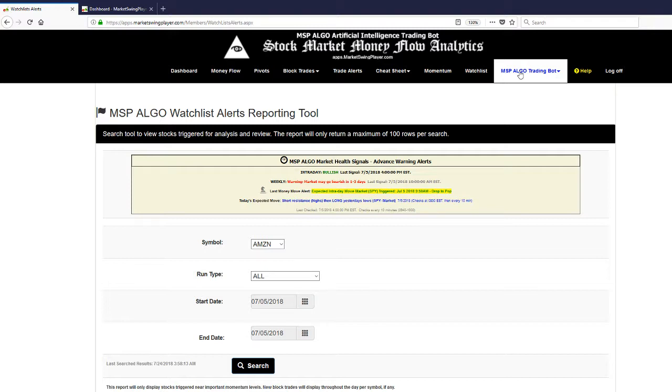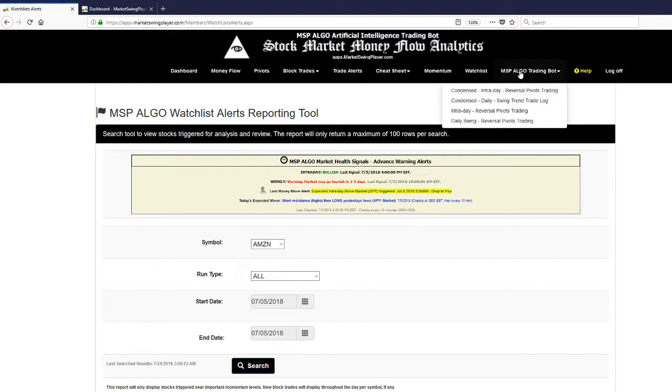MSP ALGO trading bot. We have some newer versions and we have the older versions. So these are more summary-oriented, and what I need to do is update it with the newer logic. But right now we're focusing on the intraday and the daily.